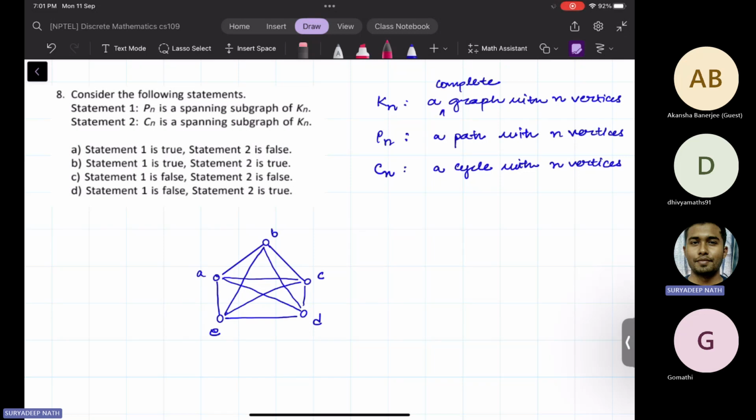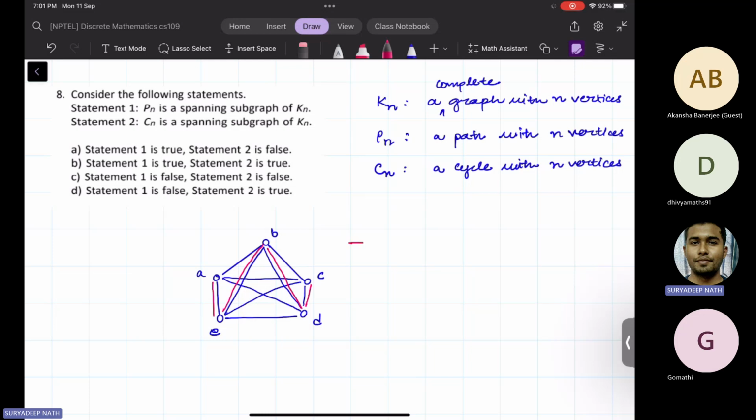So let's say a path from A to D. We can have something like this: 1, 2, 3, 4, 5. Yeah. So this is a path.